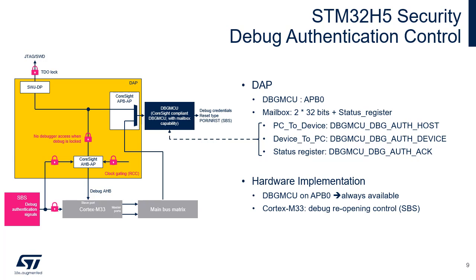The lock of the AHB-AP can be gated off for security and also power management purposes. The debug authentication signals DBGEN and SPIDEN determine whether debug is permitted in non-secure and possibly secure states. They are generated by the System Configuration, Boot and Security Modules, or SBS.